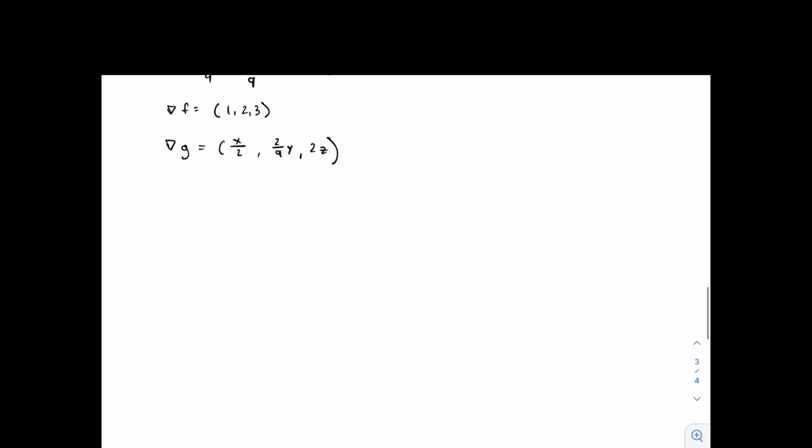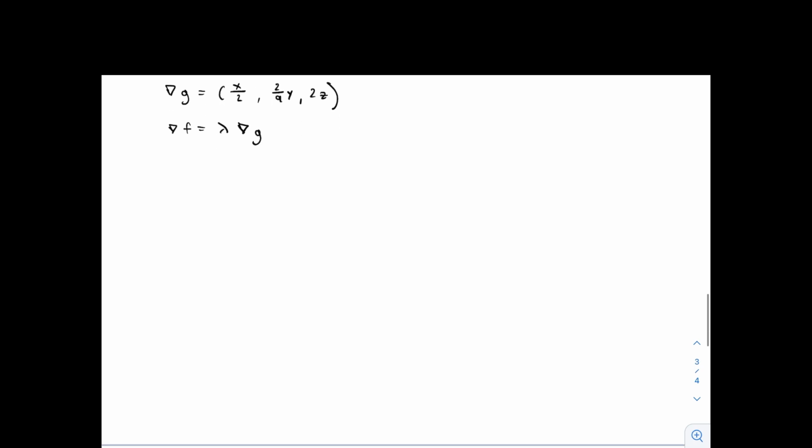Now, utilizing our relationship between our gradient functions, we have this. And from here, we can write our first gradient, 1, 2, 3, is equal to lambda times our second gradient, 1/2 x, 2/9 y, and 2z.